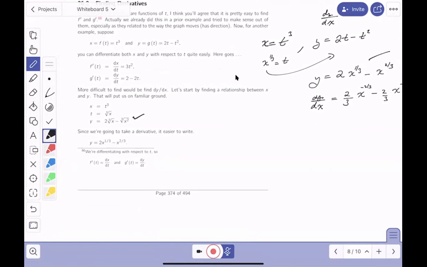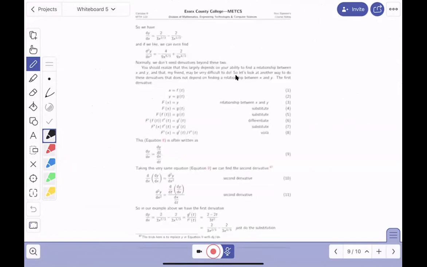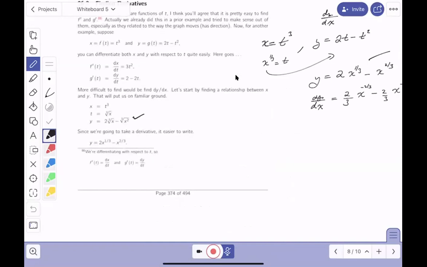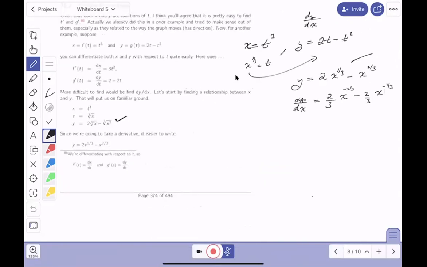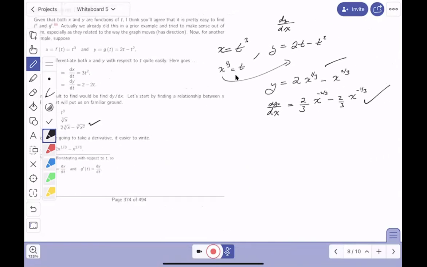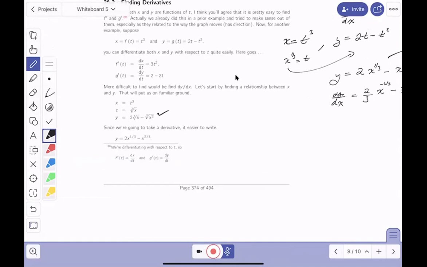Make sure I wrote that down. And then a derivative. Did I do the derivative? Let me check. 2/3 x to the minus 2/3. Yep. I'm looking at this over here. And then 2/3, 1/3. I did it right. Okay. So I did all that business over there.